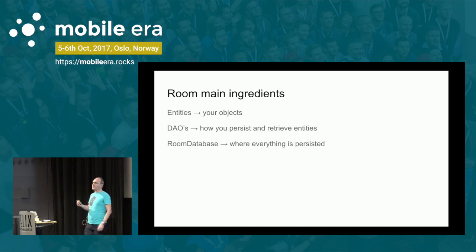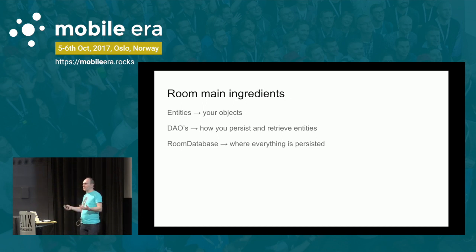Room basically consists of three ingredients that you need to set up. The first is your entities, which is basically the objects that you want to store in the database. Secondly, you have your data access objects, which control how you interact with the data. So how do you get the data from the database?